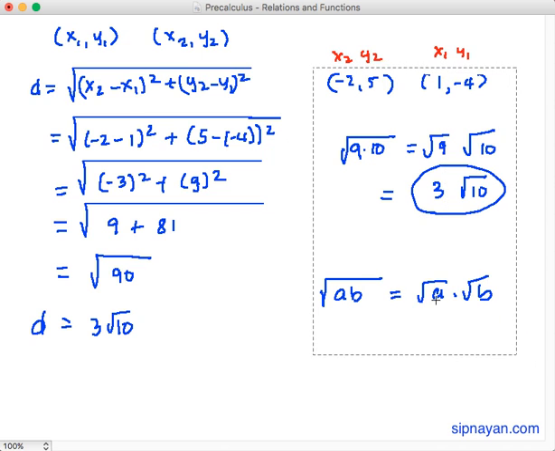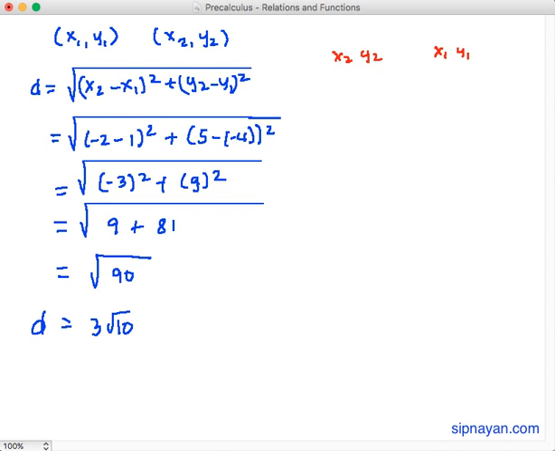Next, let's have another example. What is the distance between 0, 3 and 4, 0? So, we will just replace what is inside. What is our x sub 2? x sub 2 is 0 minus x sub 1, 4, squared plus y sub 2 minus y sub 1 squared.